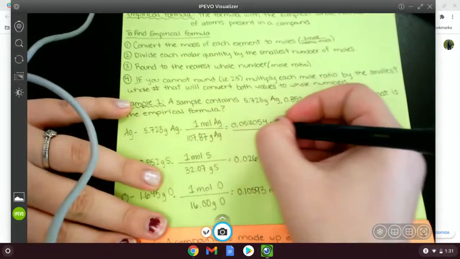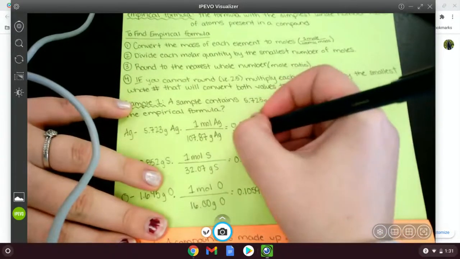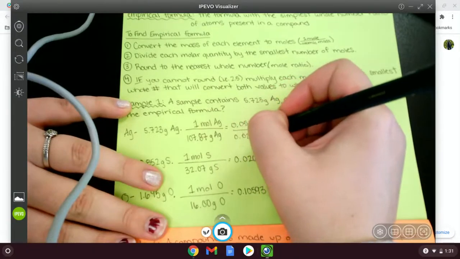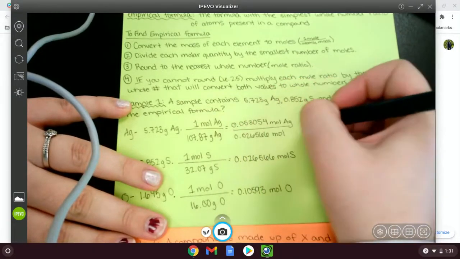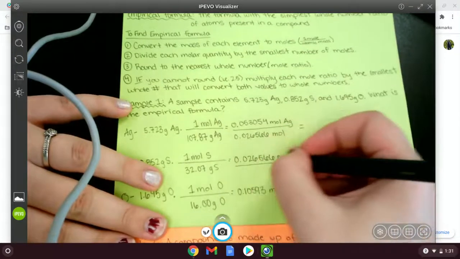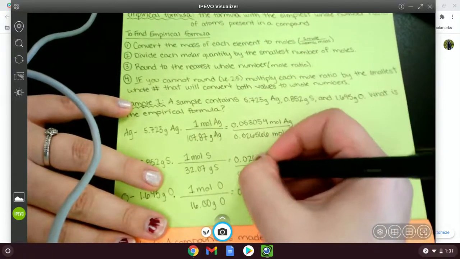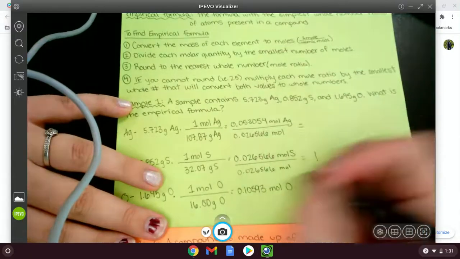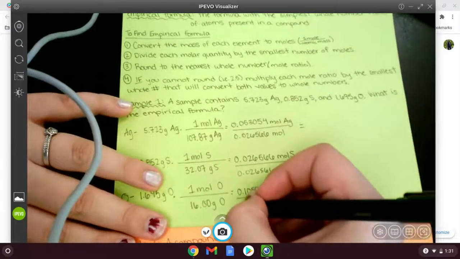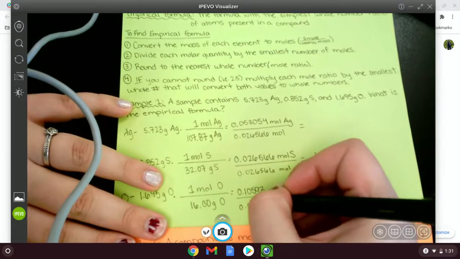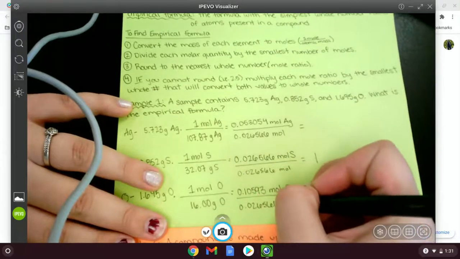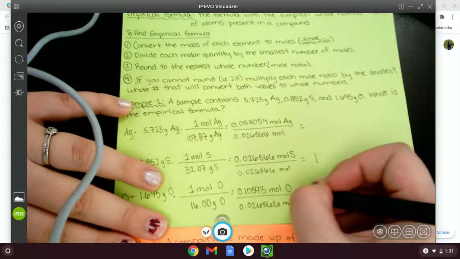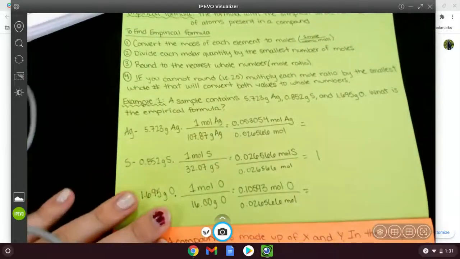So to show that, yes, you have to write it out. I'm so sorry. And then something divided by itself is 1, so we like that. That's easy math. So this is how you would show your work for step 2.